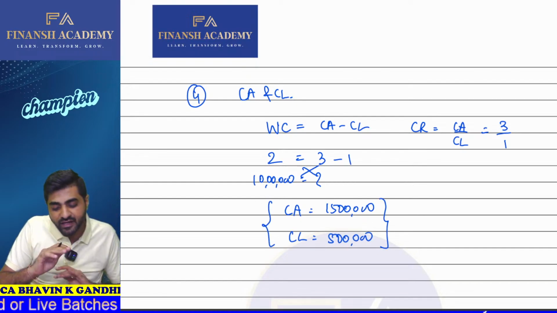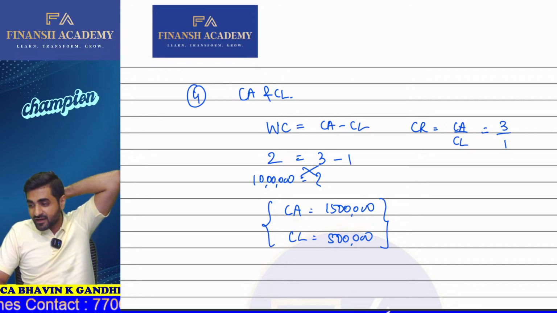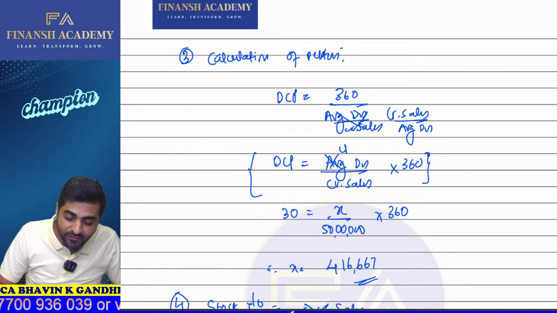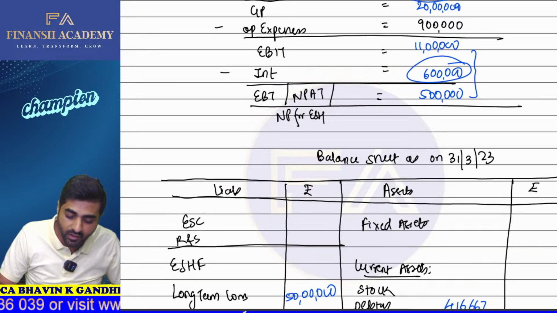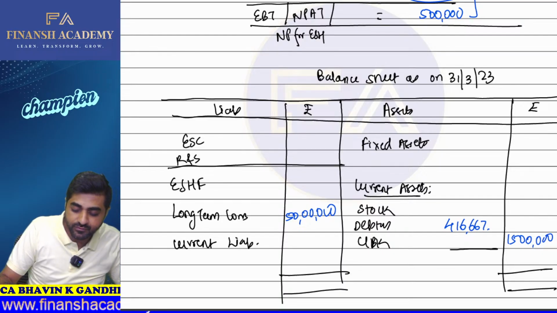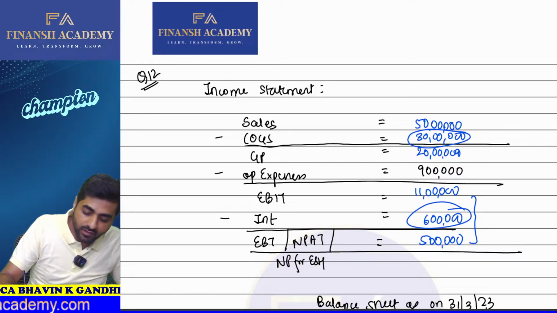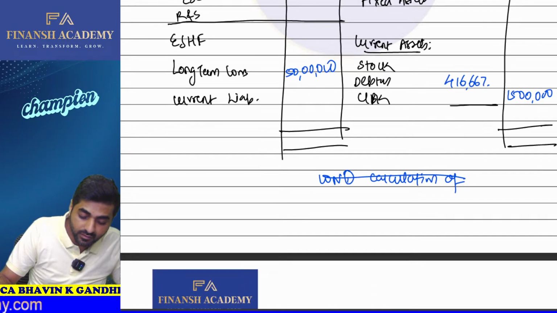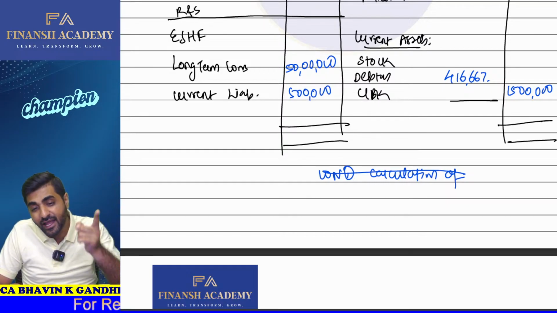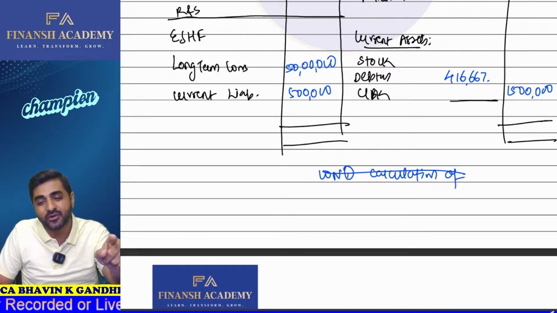So now we are in a very comfortable situation. We have the current assets, which is 15 lakhs, and the current liabilities, which is nothing but 5 lakhs. So my CA total will be 15 lakhs and my CL total is 5 lakhs. Now this data will help me calculate the amount of the stock.